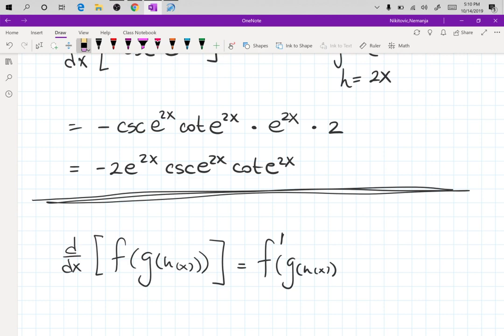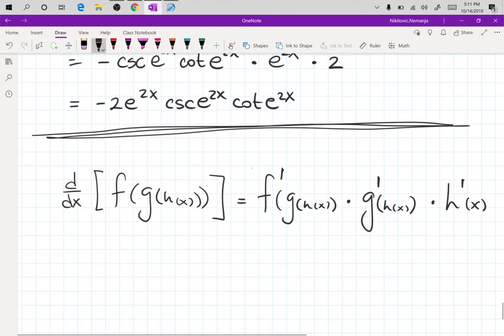And then times the derivative of g with h of x still plugged in, and finally the derivative of h.